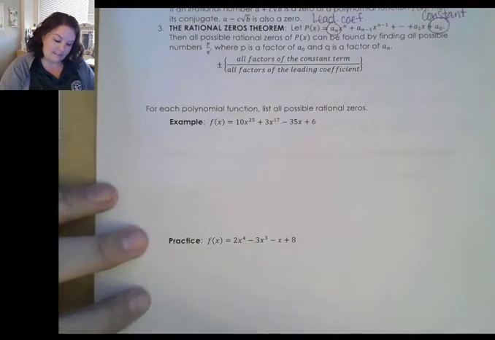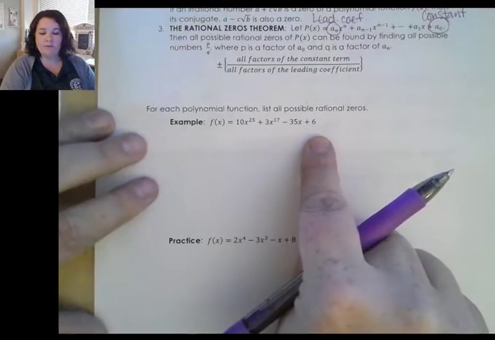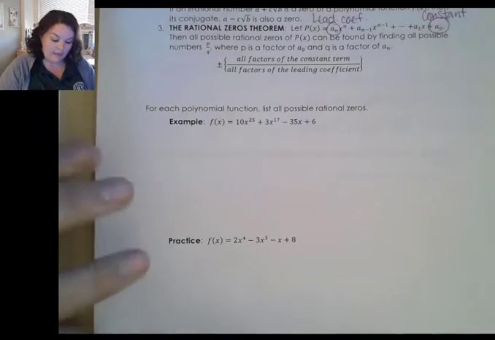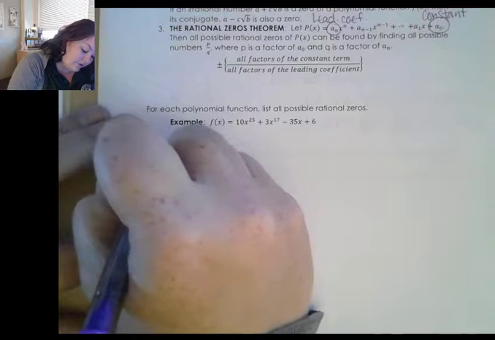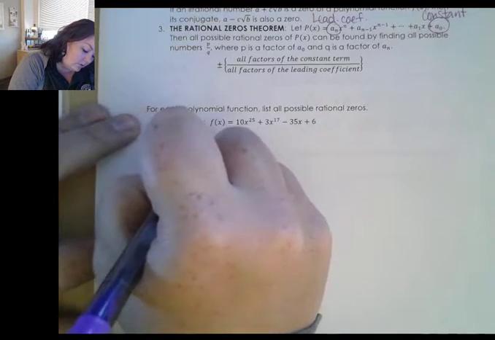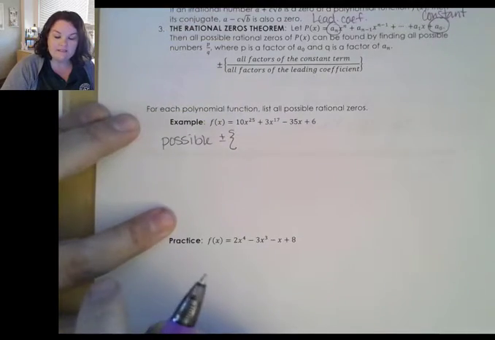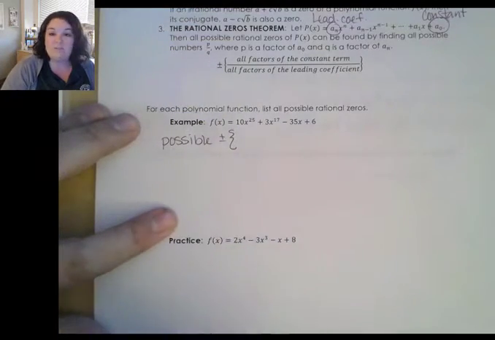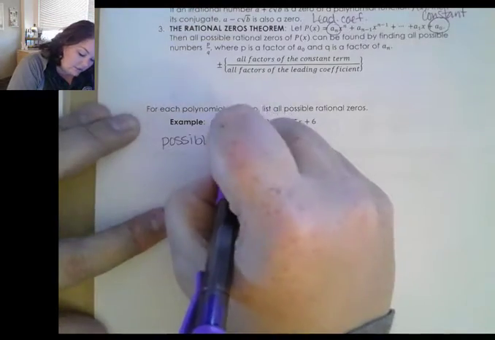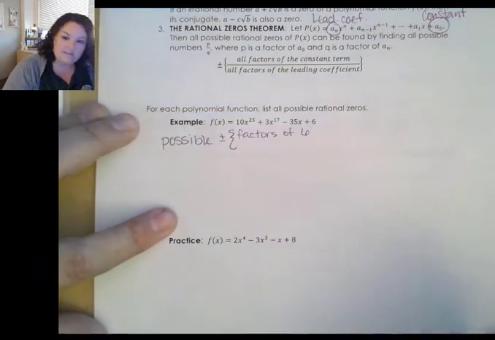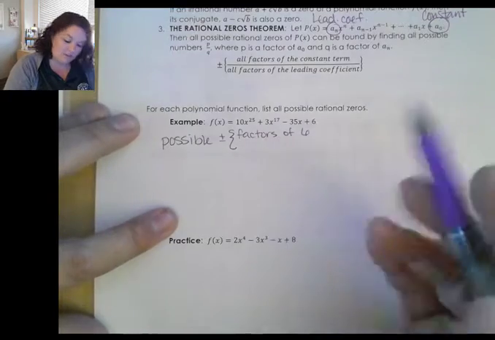For example, let's say this is the polynomial that we're trying to create a short list for. Okay, so what I would do in order to find all the possible rational zeros is I'm going to do plus or minus all the factors of my constant term. So in this case, I would be looking at factors of 6 because 6 is my constant term.